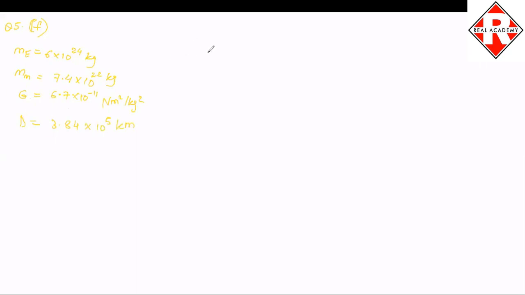Now guys, pay attention. The formula that we use to find gravitational force is G into M1 into M2 upon D square, right? So the masses that we take are always in kgs, F is in Newton, and the distance between the two objects that we take is always in meters, right?